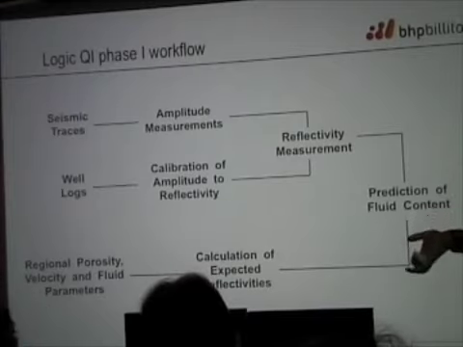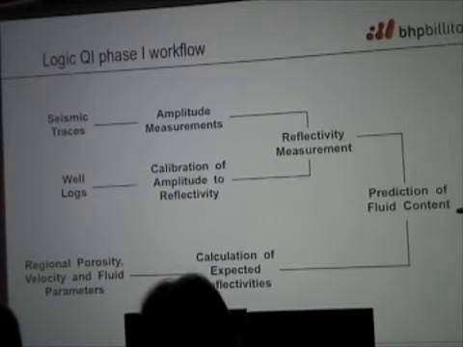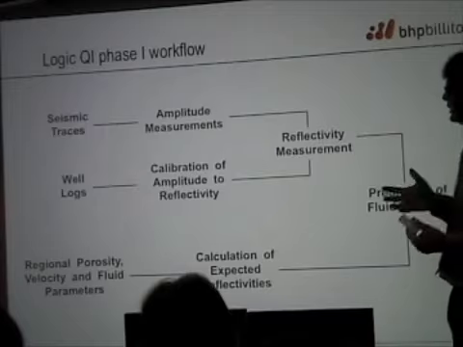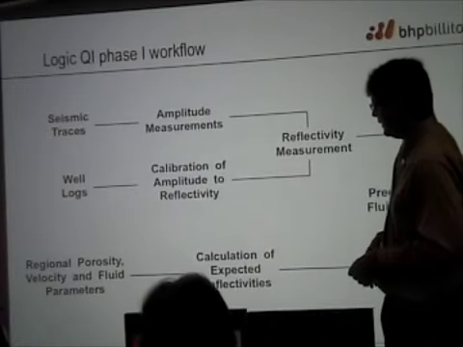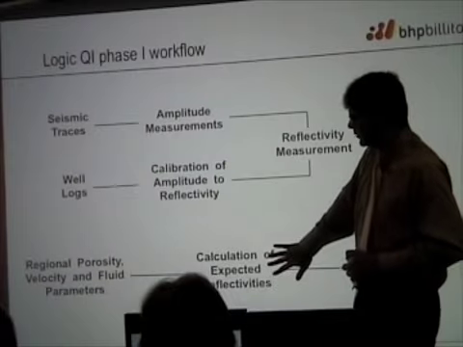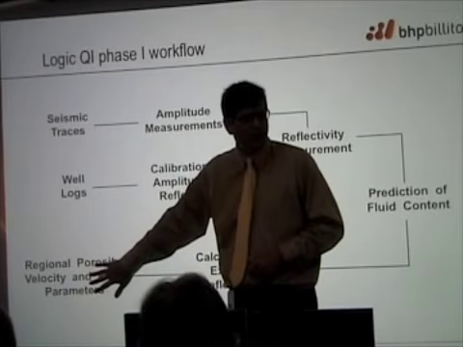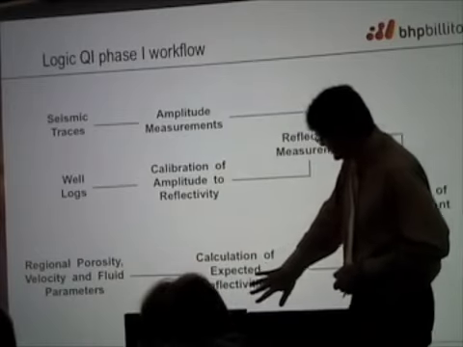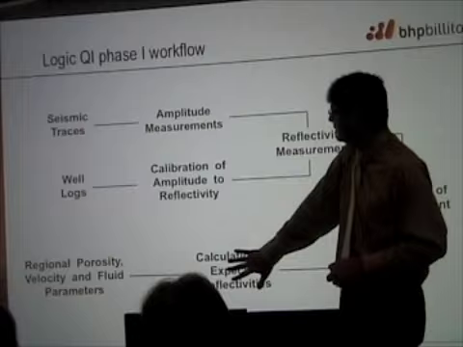Okay, what's the logic of this workflow? You're going to see this view graph quite a few times, and it's really fairly simple. First of all, predict what you should see as the lower range. We look at regional predictions that come from looking at well logs. We predict what the expected seismic response should be.